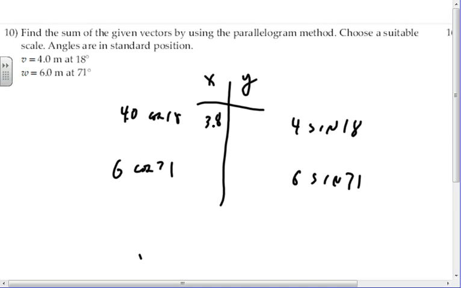And I wanted to change colors. 4 times sine 18, 1.24. 6 times cosine 71, 1.95. 6 times sine 71, 5.67.